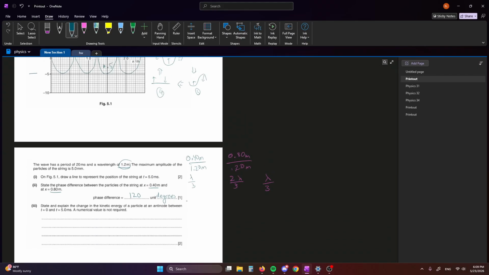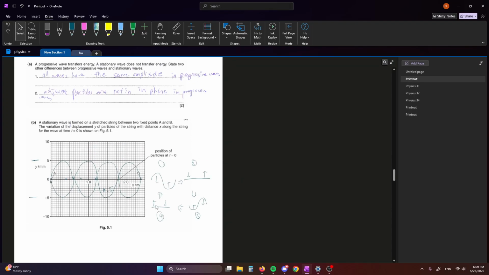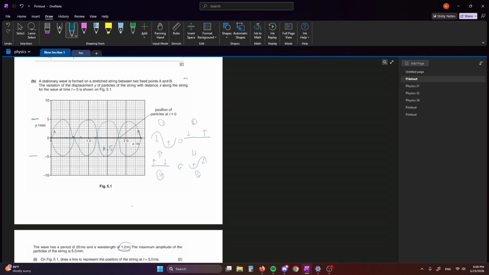Okay, so I fact checked the answer for this one, and it actually says it's 180 degrees. So I'm going to try and explain why that's correct. So the idea is that, okay, let's look at the top one. So if we have 0.4 up here and then 0.8 is down here, for example, these two particles here, since this is a stationary wave, you think about it in terms of antiphase and in phase basically.